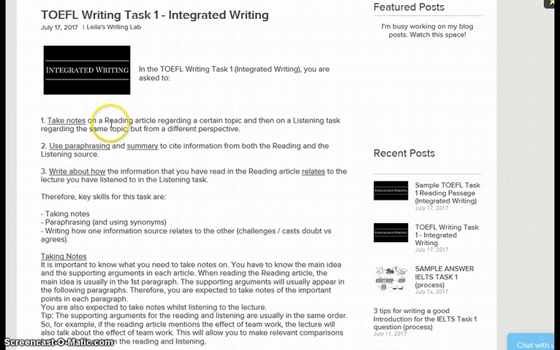So up to now we have read the article, we've done our note-taking, we have used synonyms and paraphrases, we've definitely summarized the whole text, and the next step will be to listen to the recording and do exactly the same. So take notes, and then from our notes paraphrase, and at the very end we take both of what we have, the summary and paraphrasing of the reading and the listening, and we bring it together.